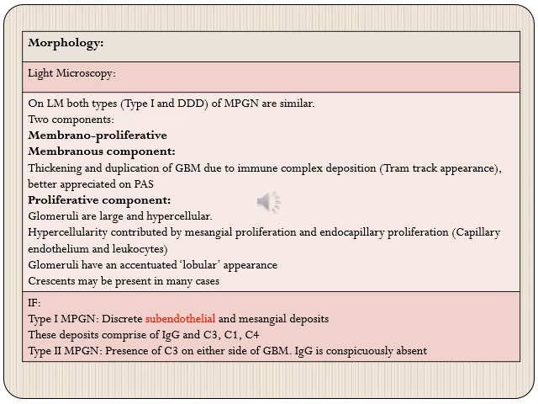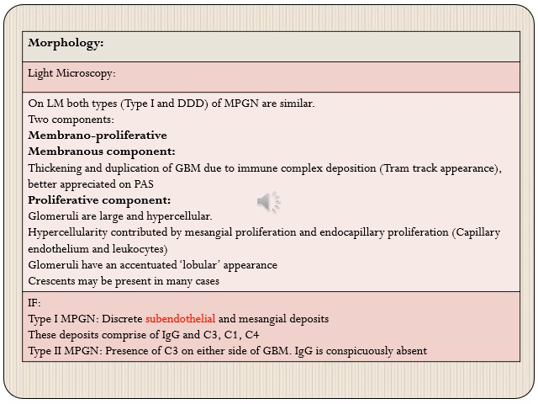So two components are there: the membranous component, where there is thickening and duplication of GBM leading to the tram track appearance, and the proliferative component, where there is glomerular hypercellularity and accentuated lobular appearance because of proliferation of mesangial cells, capillary endothelial cells and leukocytes.